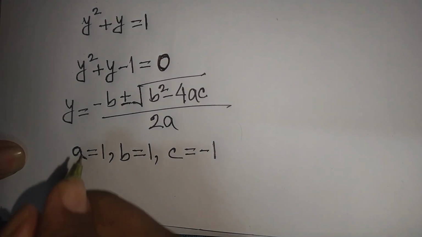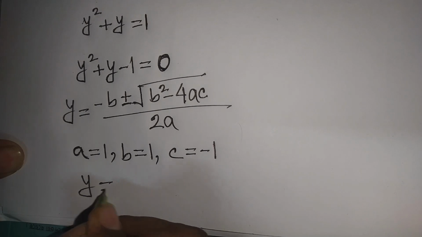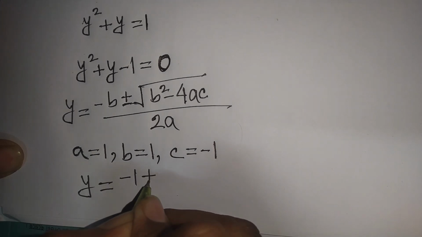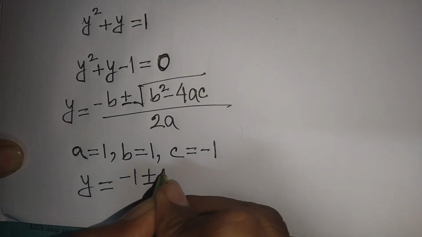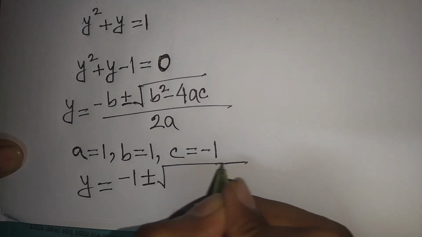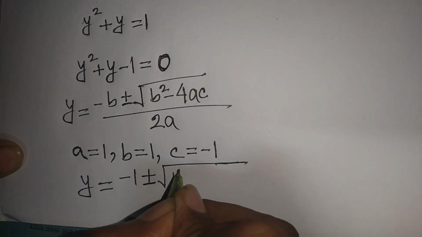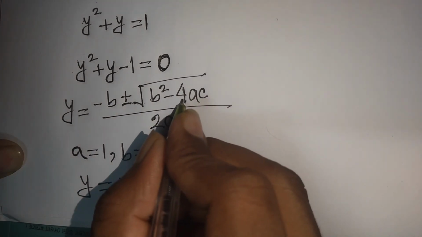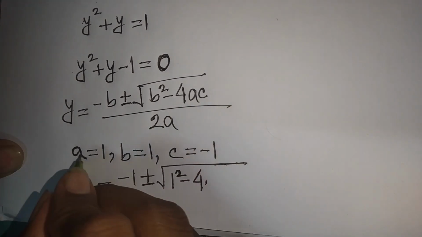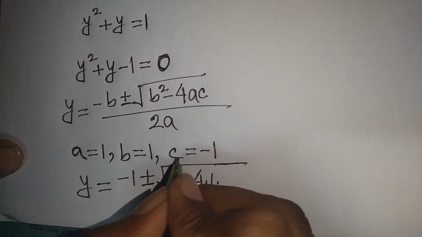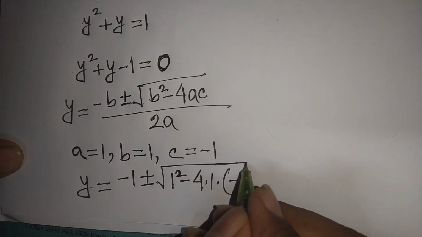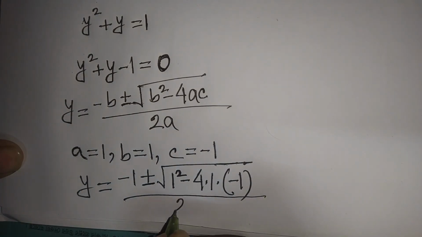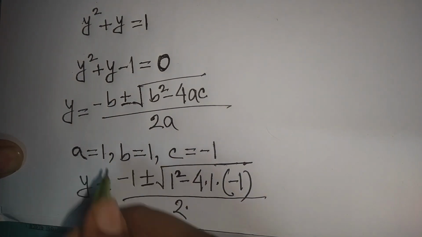Now I can write here y is equal to minus b, that means minus 1, then plus or minus a square root of b square, that means 1 square, minus 4 times a, that means 1, times c, that means negative 1, so it will be bracket negative 1, then divided by 2 times a, that means 1.